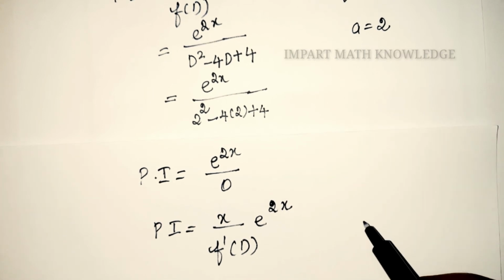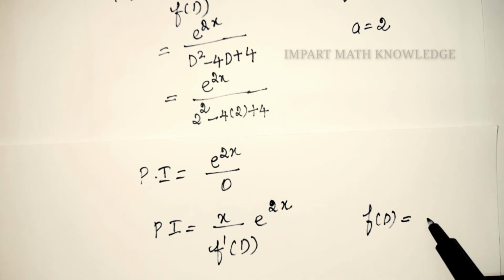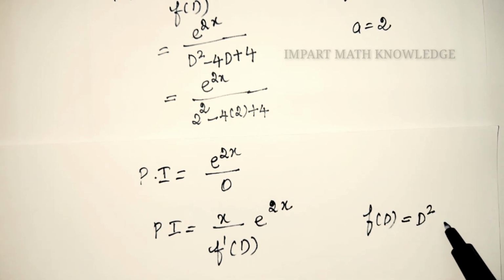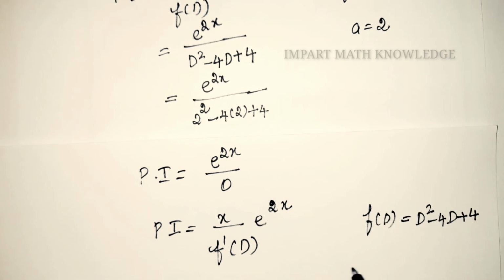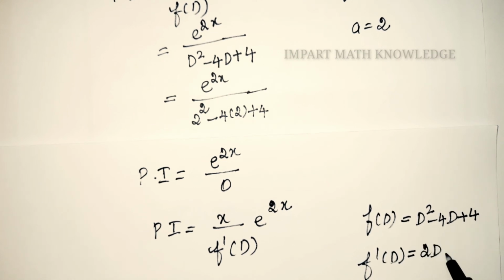Your f of D is D squared minus 4D plus 4. F dash of D is, differentiation of D squared is 2D, then 4D is 4.